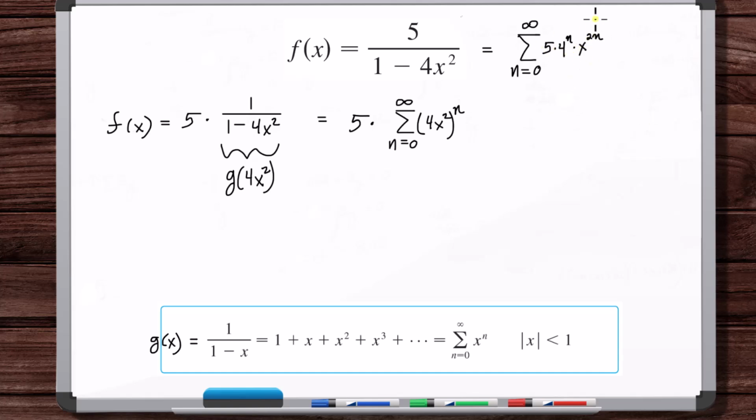But what's the interval of convergence? Well, not every power series is a geometric series, though they're very closely related. A geometric series always has a common ratio, but technically not every power series is going to be a geometric series. So you can't always just take the x term, treat it as a common ratio, and say the absolute value of that is less than 1.